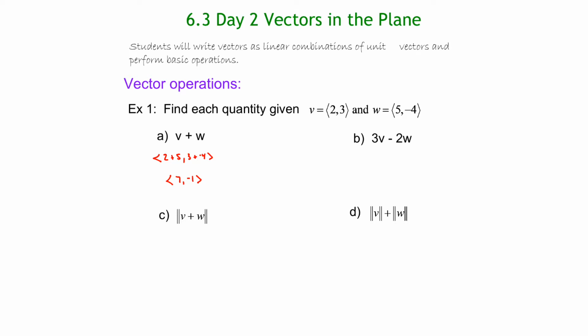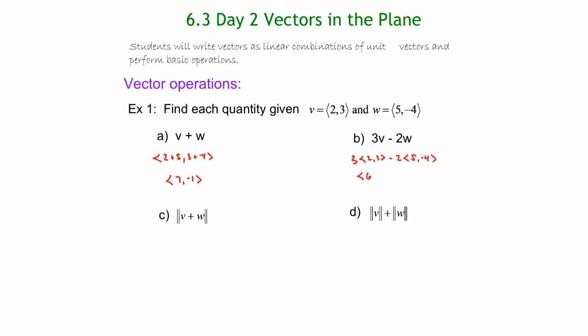Now on B, we have scalar multiplication and subtraction, or addition of a negative 2w. So this would look like 3 times vector v minus 2 times vector w. The scalar just multiplies the components.